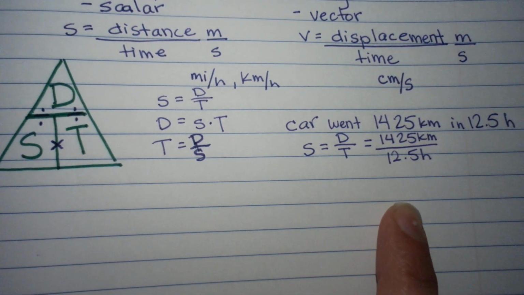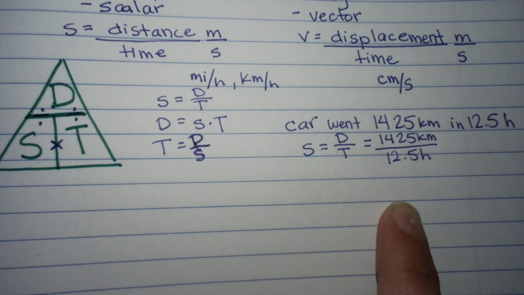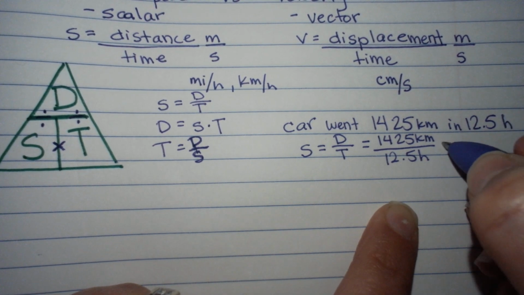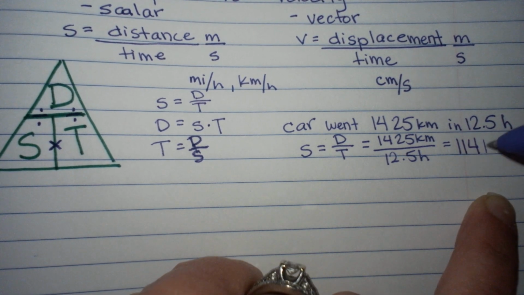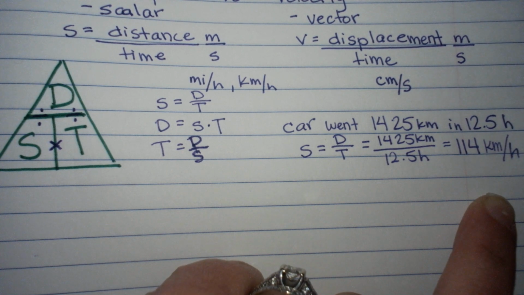And I can't do that in my head, but I can pull up my calculator and say 1,425 divided by 12.5 equals 114. Now that's kilometers per hour. Kilometers per hour. Okay.